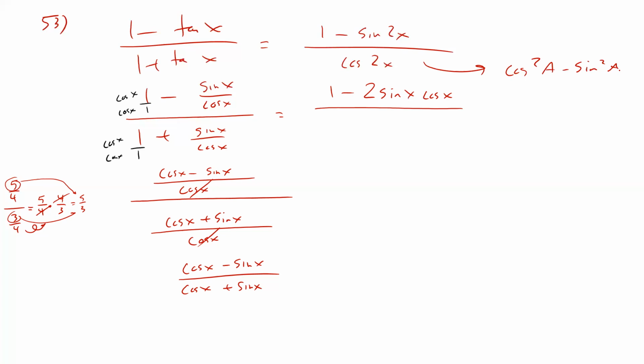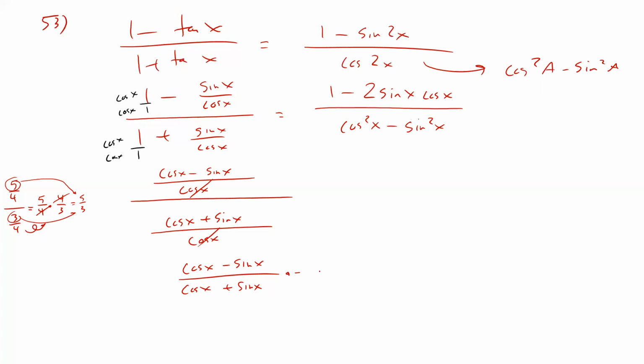How about this? So cosine, 'tis true. Everybody agreed that that is true? So far, so good. So how about if I do this here? How about if I go back over here? Maybe I went the wrong direction.